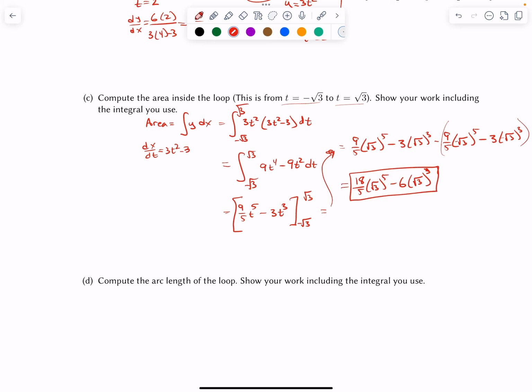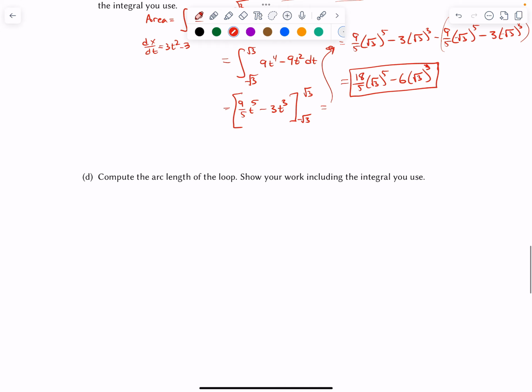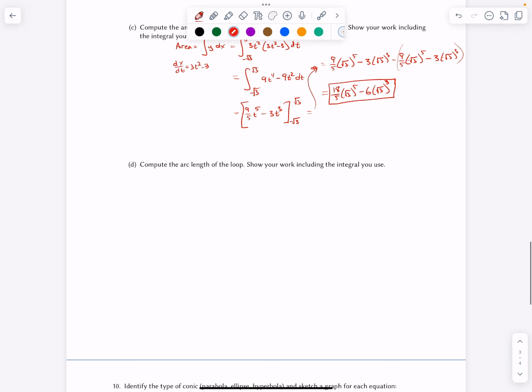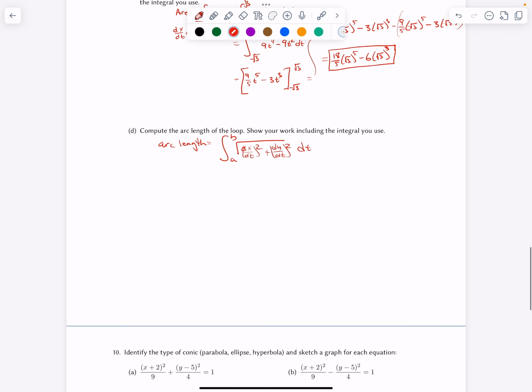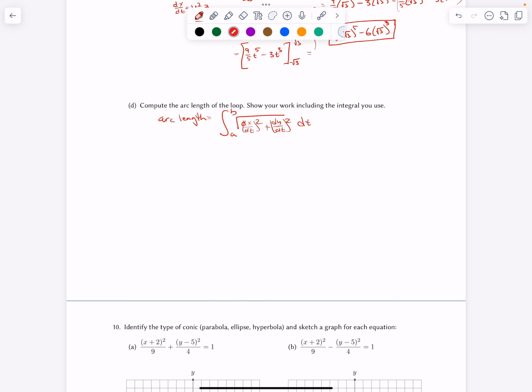And there you go. Okay, what about the arc length of the loop? Well, arc length is the integral from a to b of the square root of dx over dt squared plus dy over dt squared. It's the distance formula. So that's how we're going to do arc length.